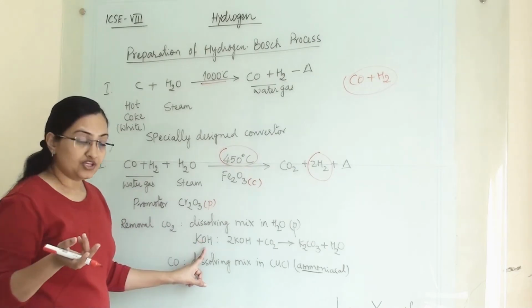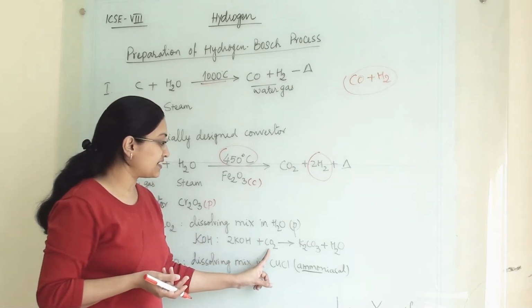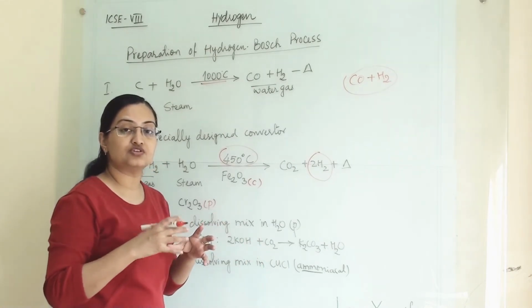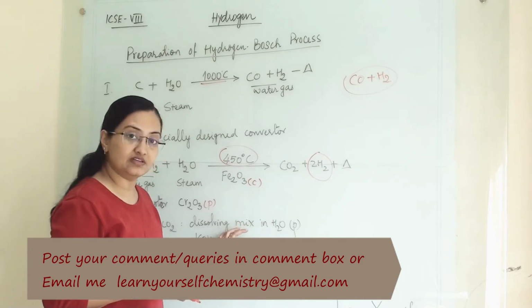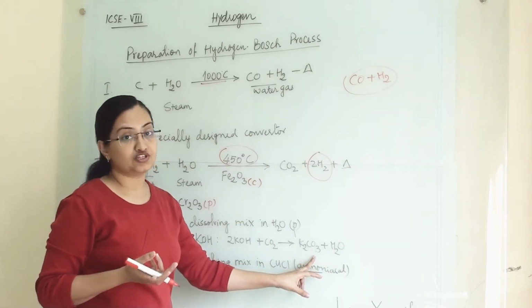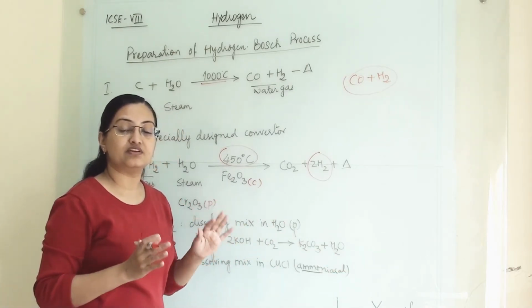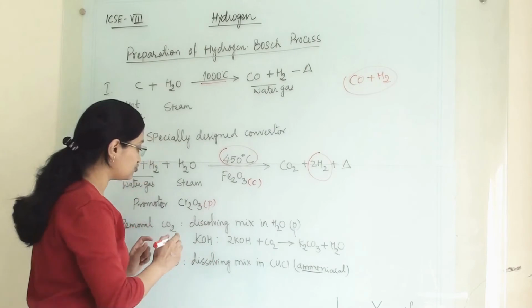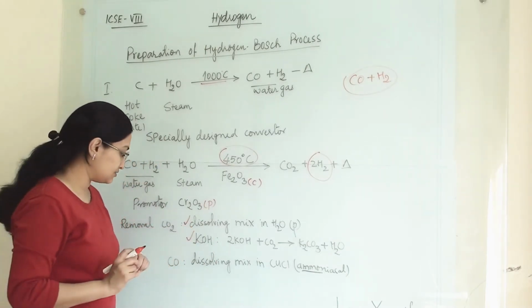Then potassium hydroxide: we will dissolve this mixture in potassium hydroxide. So carbon dioxide will react with potassium hydroxide and will give us potassium carbonate and H2O, and hydrogen gas will remain as it is. So these are two different methods by which we can eliminate carbon dioxide.